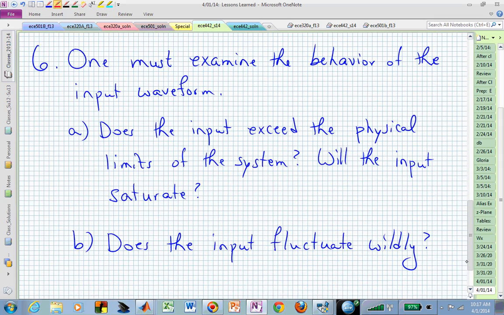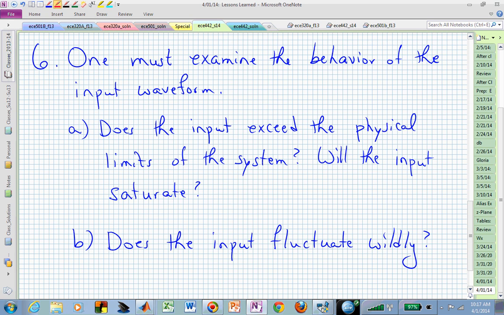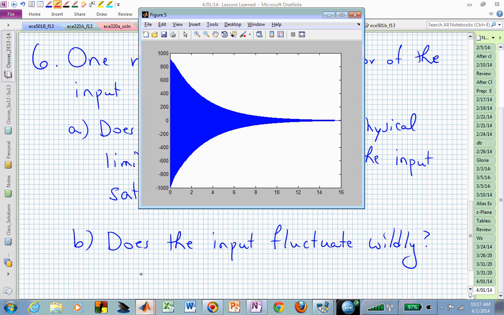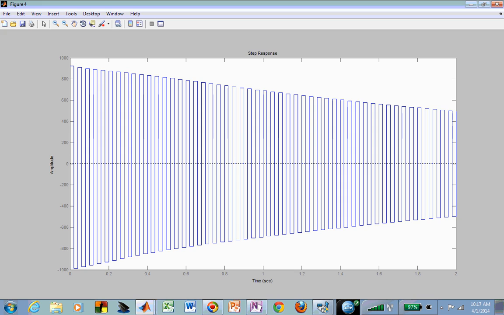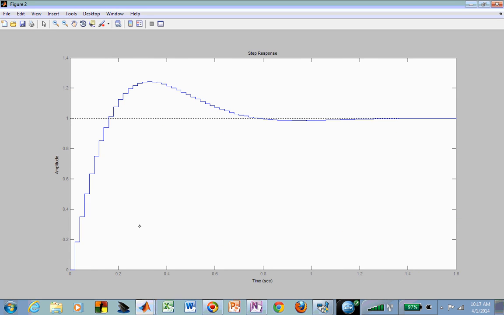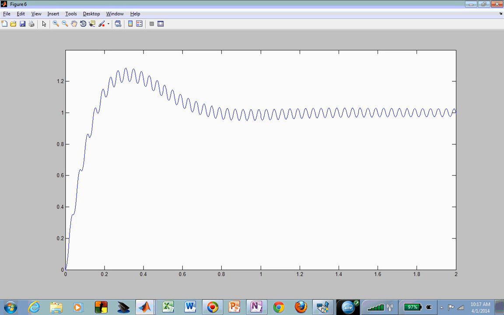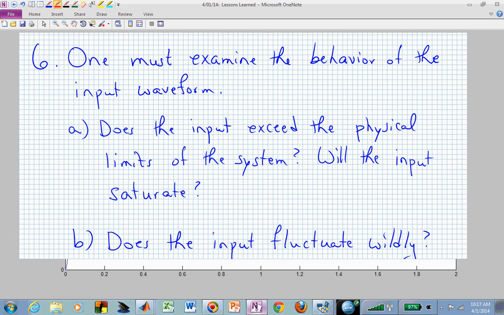We also want to examine the input waveform when we're doing any of these designs and make sure that it doesn't exceed the physical limits of the system. In our particular case, it was banging back and forth between plus and minus 1,000, violently going back and forth between those values for a long time into the response trajectory, and we may not see that in our trajectory unless we look at the intersample ripple, but even there we're not seeing this very large value for the input magnitude.